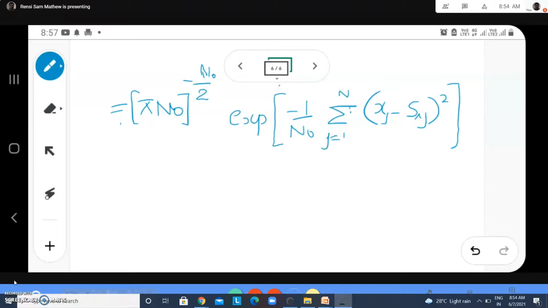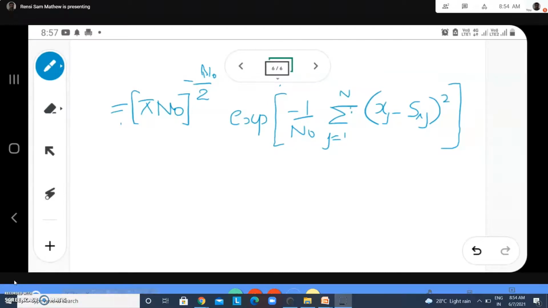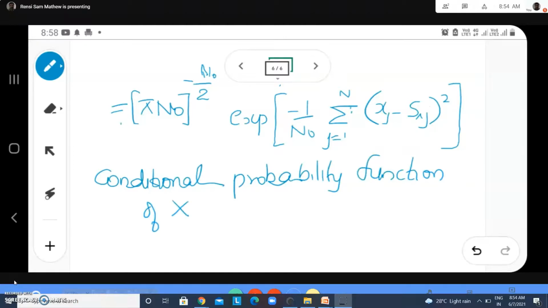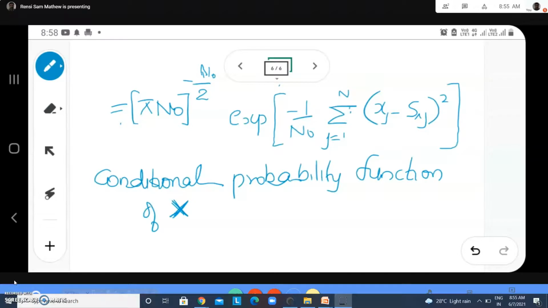So this is the expression for the conditional probability function for the entire vector capital X, given the symbol mi was transmitted. So it is for the entire vector.